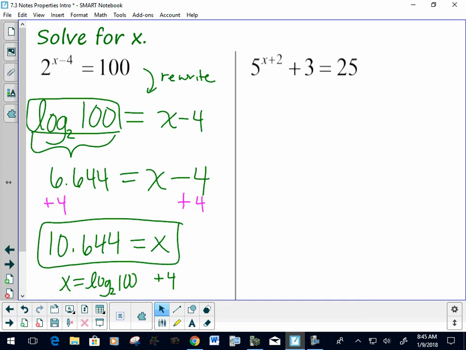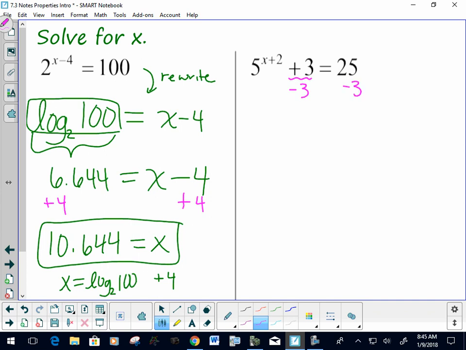All right, this next equation has 5 to the power x plus 2, and then we're adding 3, and that's equal to 25. So before you can convert this, before you write it in a logarithmic form, you need to have it as just a pure exponential. So we need to take care of this plus 3 very first.